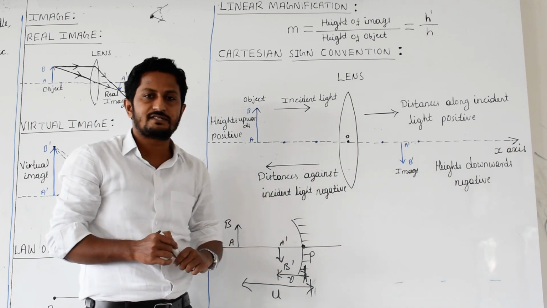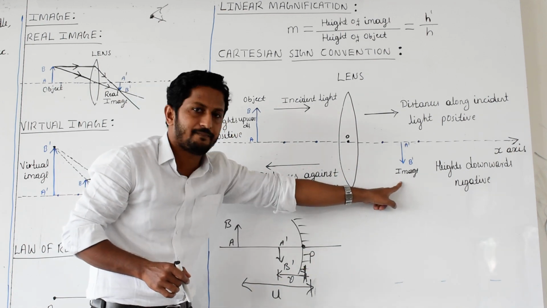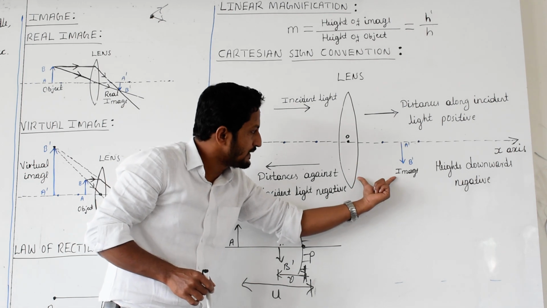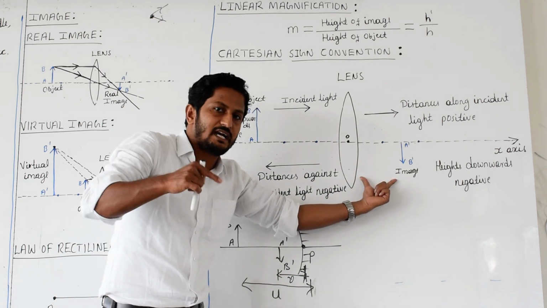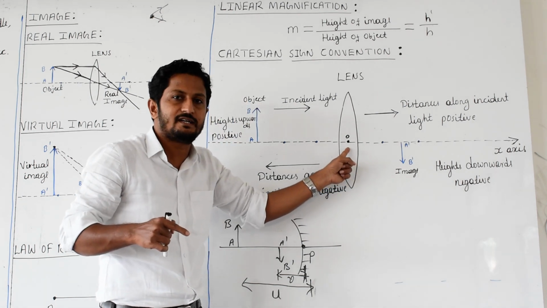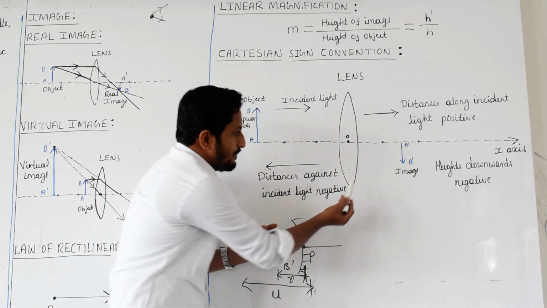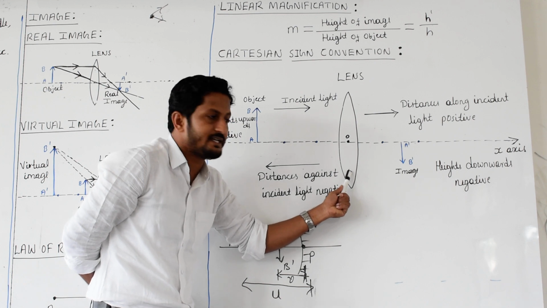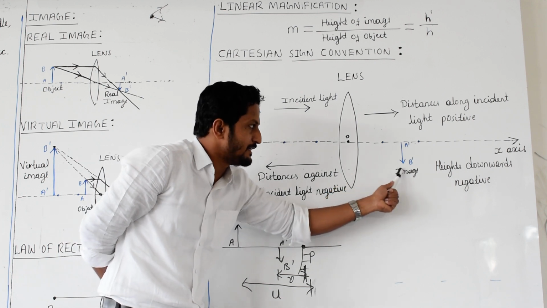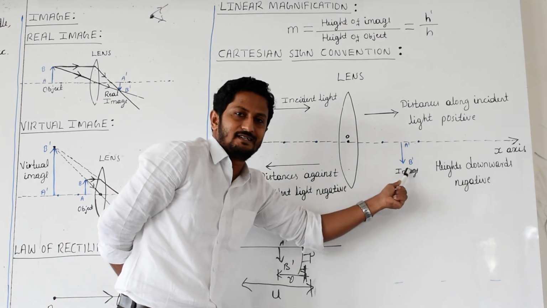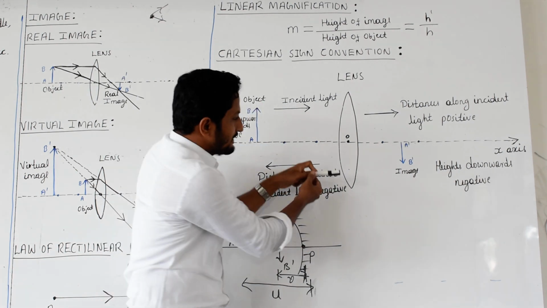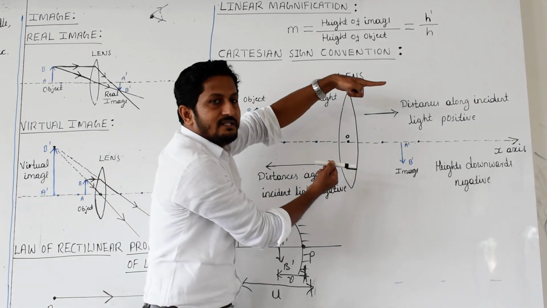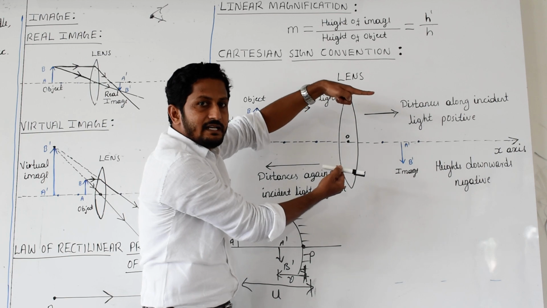Look here, image distance. Where is the image? The image is here. To know the image distance, again you start measurement from the optic center towards that image. You are going like this. This measurement is along the direction of incident light.